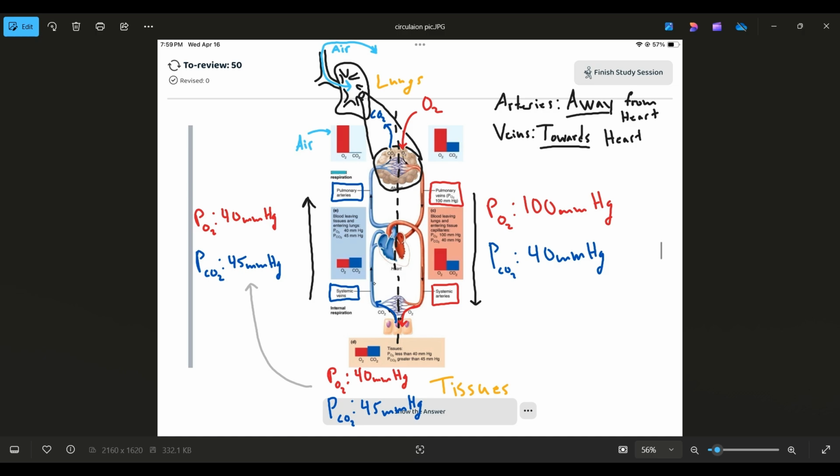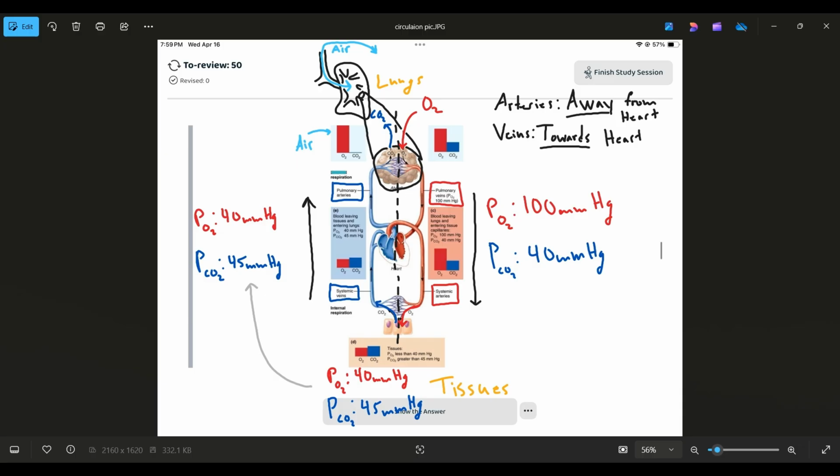So we'll go over each of these components and talk about the reasons why the gases diffuse in the way that they do. And hopefully that'll give you a decent understanding of what's going on. And if you have any other questions, feel free to shoot me a follow up email or something, and I can clarify anything that doesn't make sense.